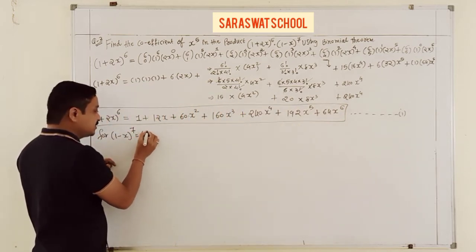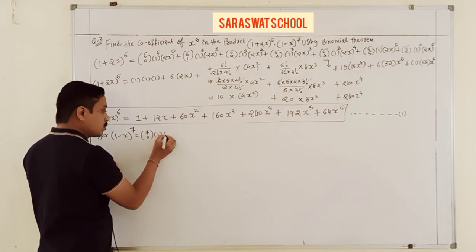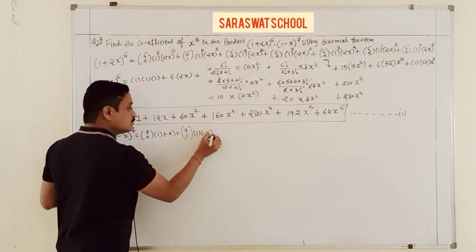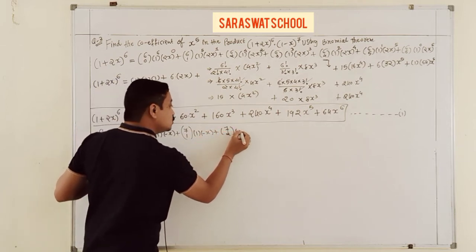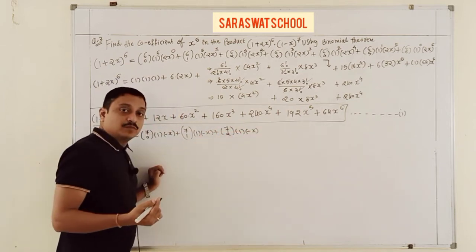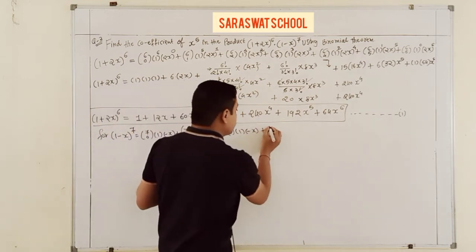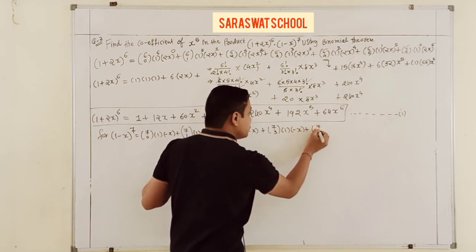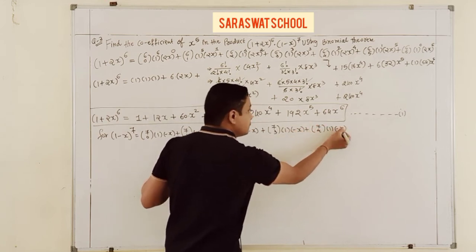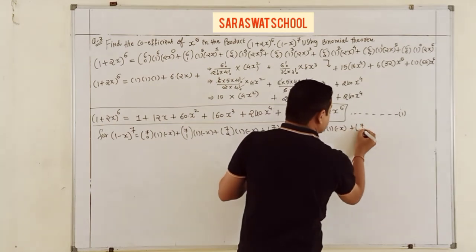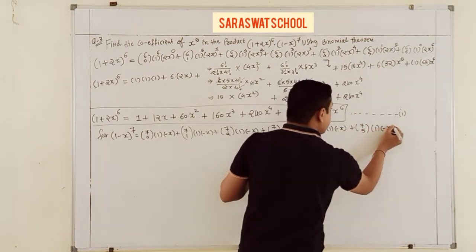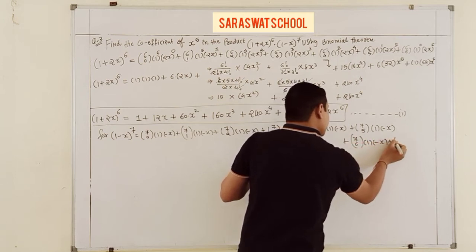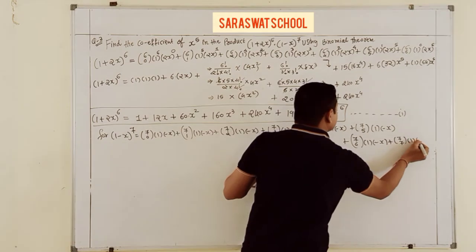Here also 7C0, 7C1, 7C2 till up to 7C7 I mention: 7C3, 7C4, 7C5, 7C6 and 7C7.